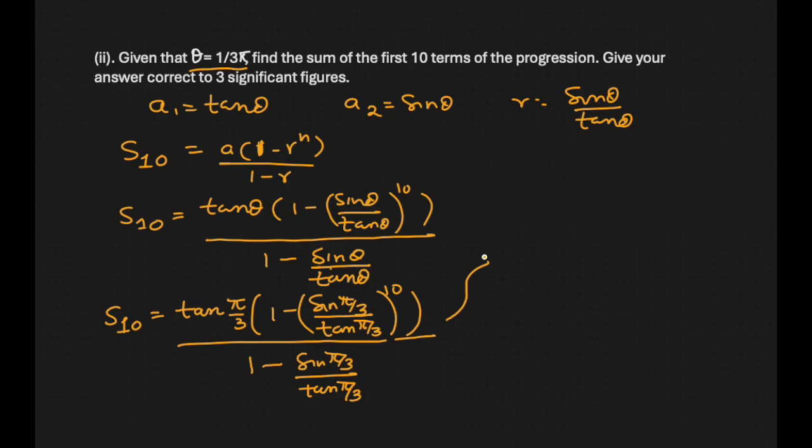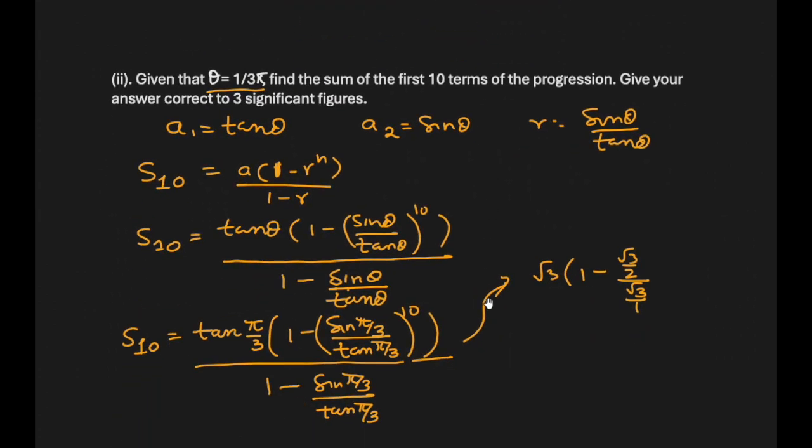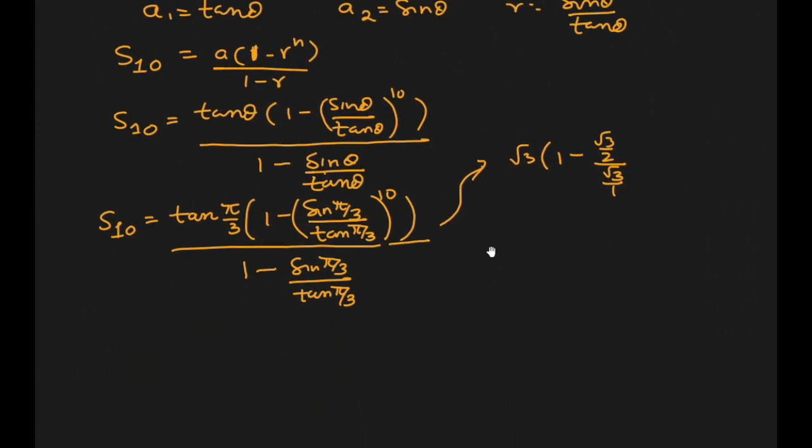Let's evaluate this here. Tan pi by 3 is square root 3. Sine pi by 3 is square root 3 over 2. And tan pi by 3 is again square root 3. And I can write it divided by 1, so that it becomes the format I did earlier, a fraction divided by fraction, so that I can multiply first and fourth, second and third. And to the power 10.